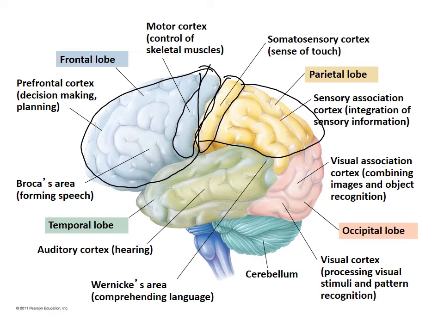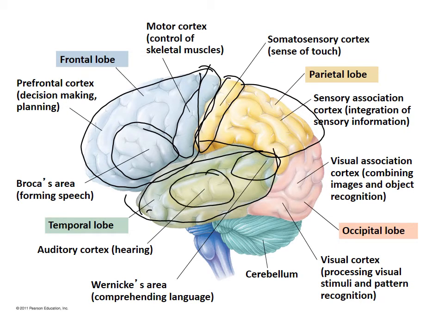Inside the frontal lobe is Broca's area, which is how we talk. And then we have the temporal lobe. And remember that we have Wernicke's area, which is here. And then we have the auditory cortex, which is here, which is how we hear. And then the temporal lobe is underneath the frontal and the parietal lobe.